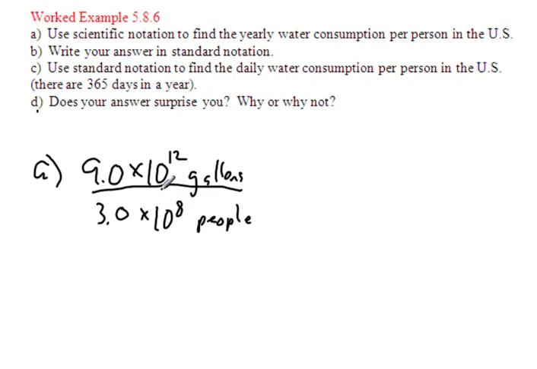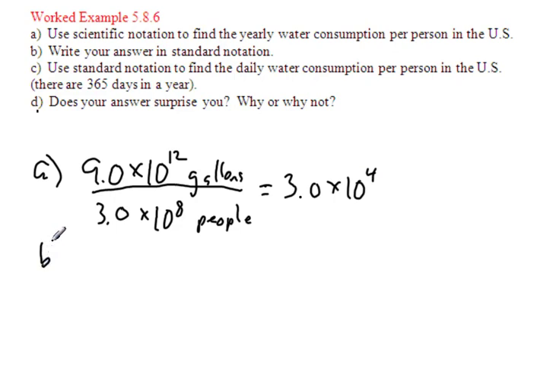And if we divide these, using our rules of exponents, 9 divided by 3 is, of course, 3. And we can deal with the powers by subtraction, since they have the same base. So it's 3.0 times 10 to the 12 minus 8, which is 4.